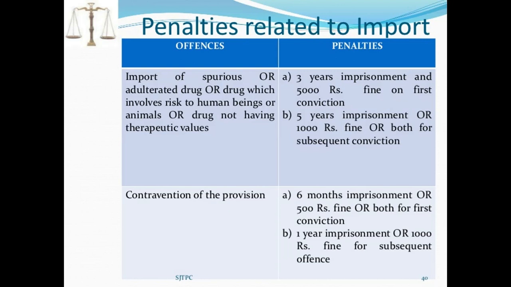First conviction means that when it is found that he is doing such things, then that punishment is there. On subsequent conviction, the imprisonment is rigorous, 5 years or 10,000 fine or both. It is not 1,000, it is 10,000.